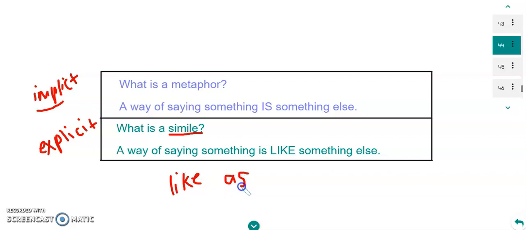This is a great way to spot the difference between the two, because you will literally see the word like and as used in similes. So he is as brave as a lion. He had hair like a bush. So that's one way of doing it.